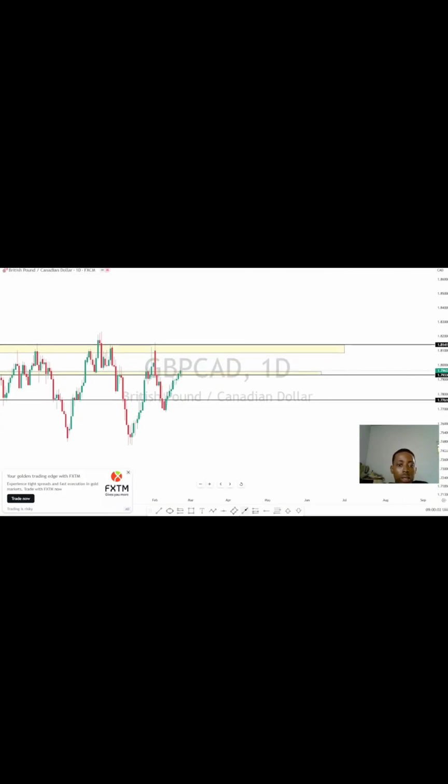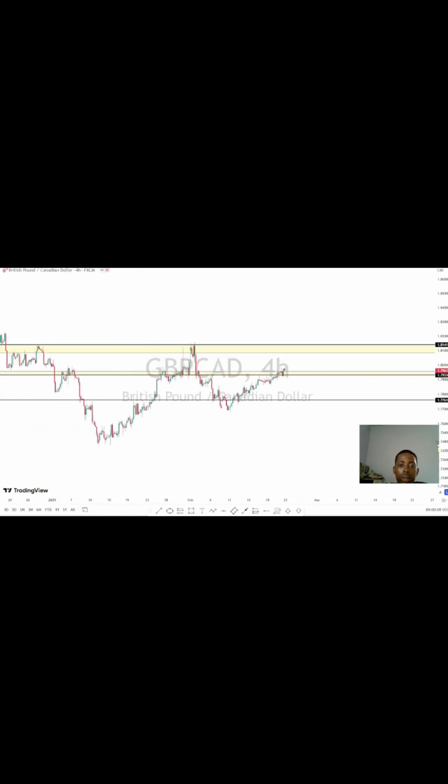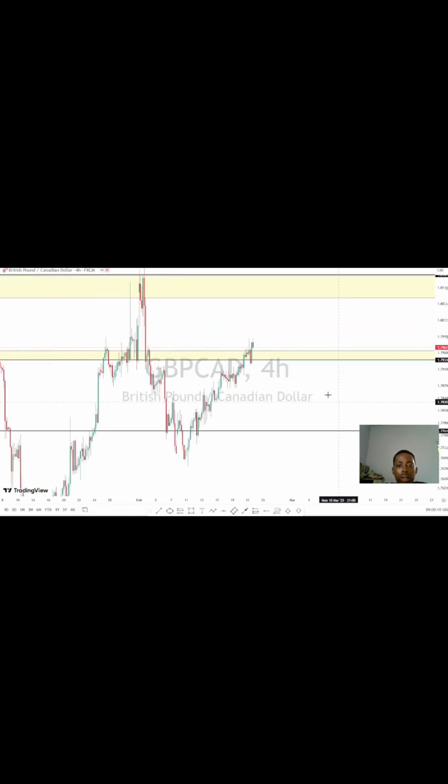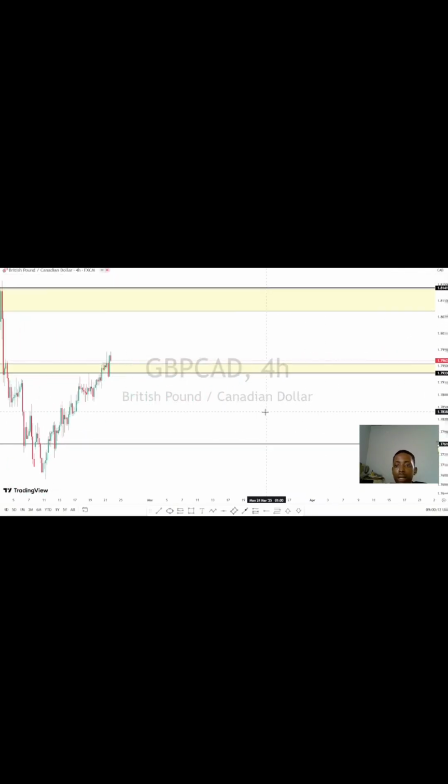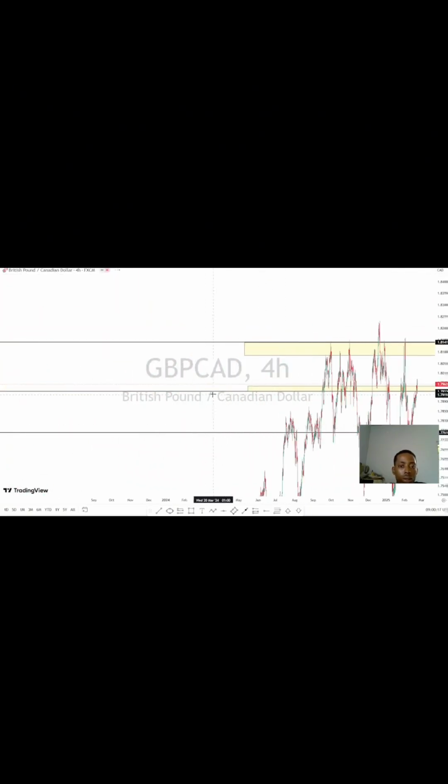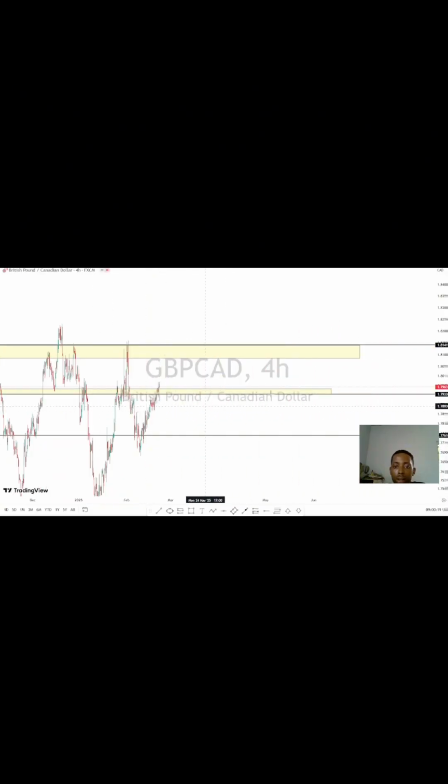So guys, this is what I'll be waiting for in this. Let me go down to my 4 hour time frame and see how it is working. Okay, you guys can see it, clean. So let me adjust this level properly.